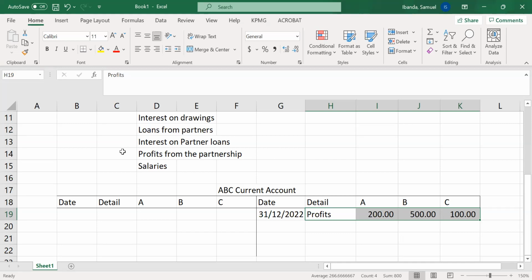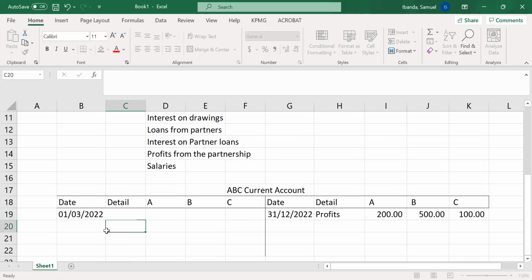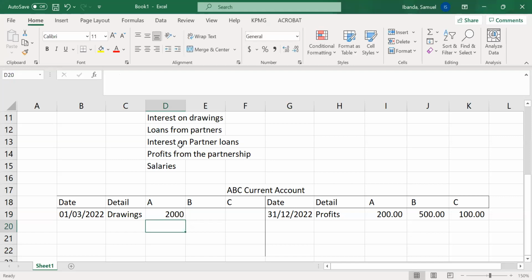So in case we have drawings, let's say partner A took drawings maybe through the period, maybe on 1st of March 2022, then those will be recorded on the debit side. Maybe drawings of, let me say, 2000. Let me record it like that. So that is what happens.